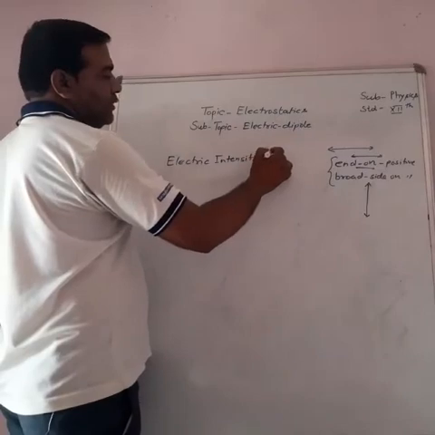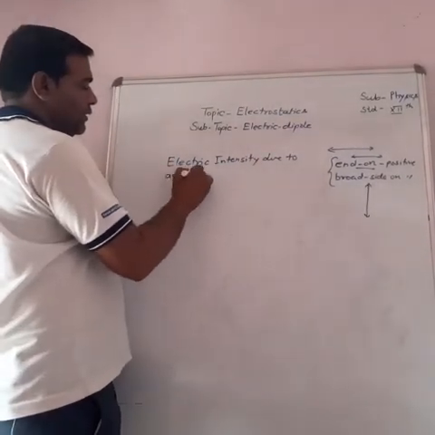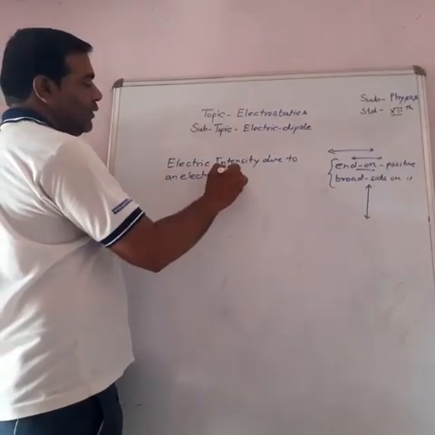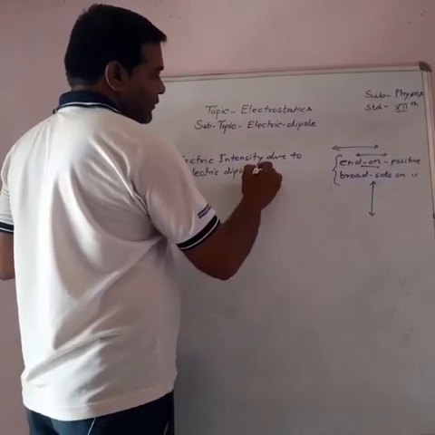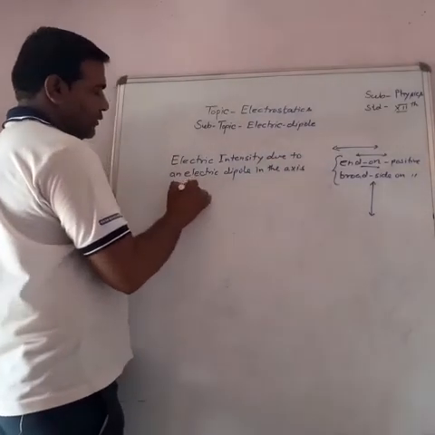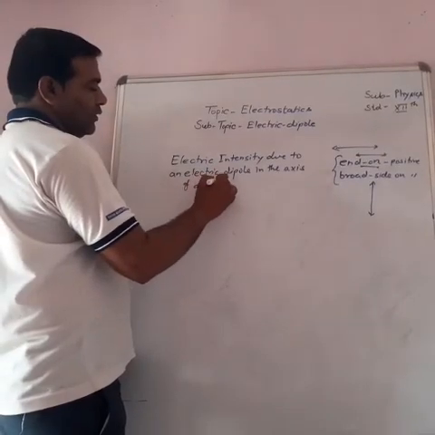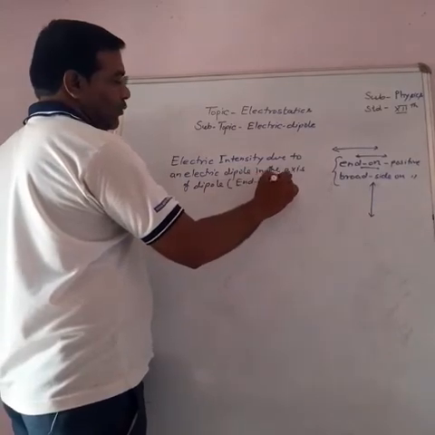Electric intensity due to an electric dipole in the axis of the dipole, in other words, the end-on position.